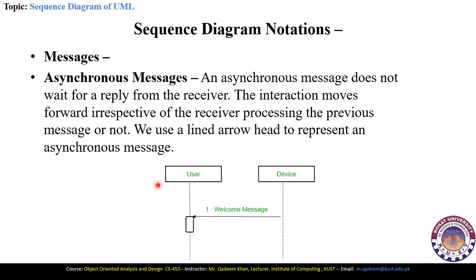So the interaction moves forward irrespective of the receiver's processing, whether the previous messages have been received or not. Here the open arrowheads represent asynchronous messages. You can see the line heads that represent the asynchronous messages.